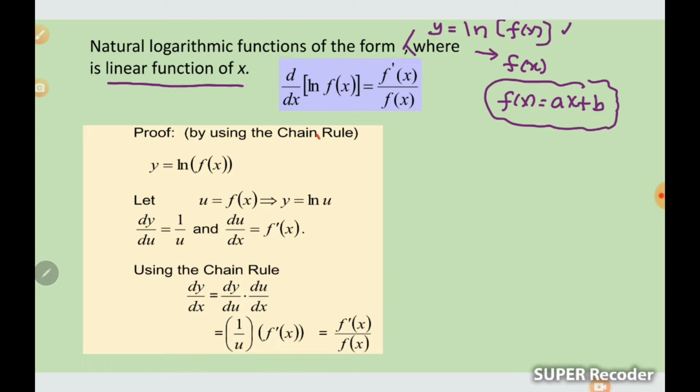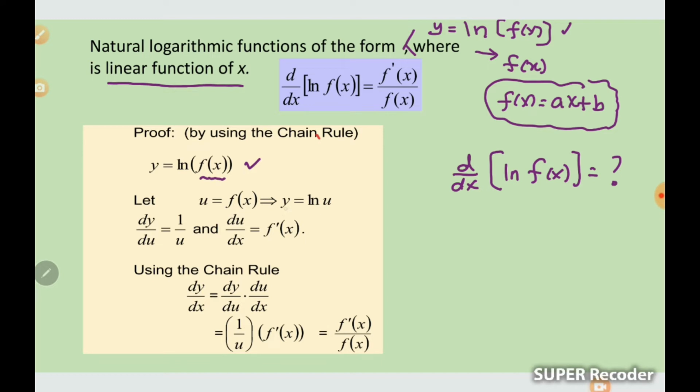So what is the derivative of ln f(x)? Take a look at the proof here. Given y equals ln f(x), by using the chain rule, let u equals f(x).